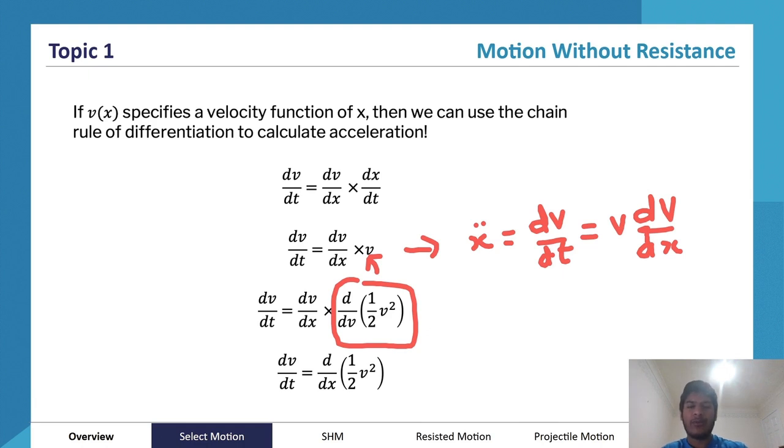That seems like we're overcomplicating things, but here's where the chain rule comes in again. You see we have a dv here and a dv here. That means that they sort of cancel. Again, not exactly cancellation, it's just a result of the chain rule, but we can treat it like fractions. And so we can say dv dt equals d by dx of v squared on 2. That's our second form of acceleration.